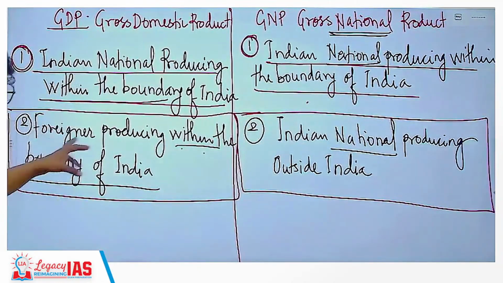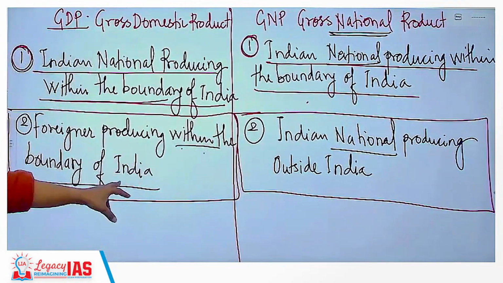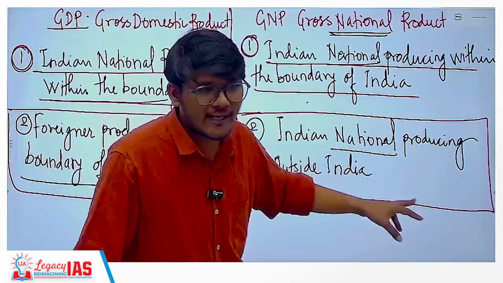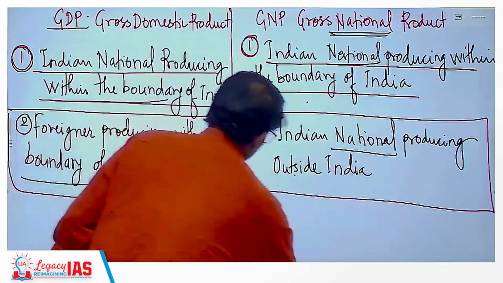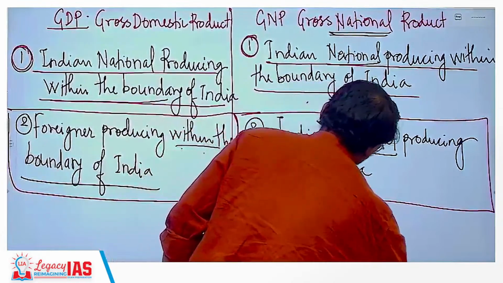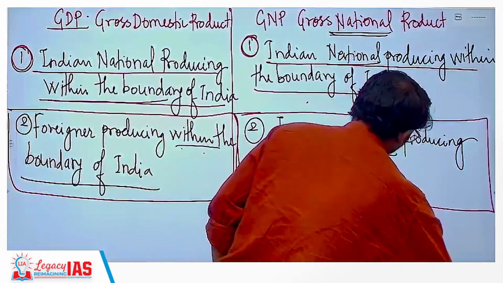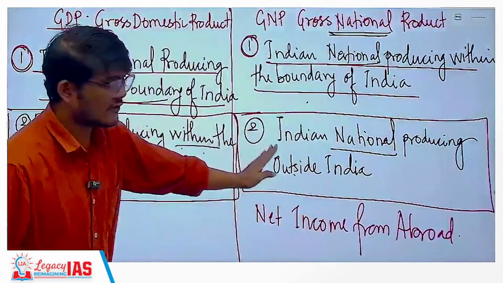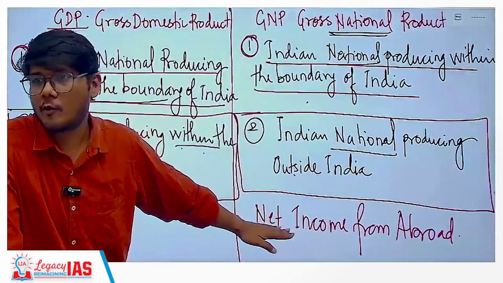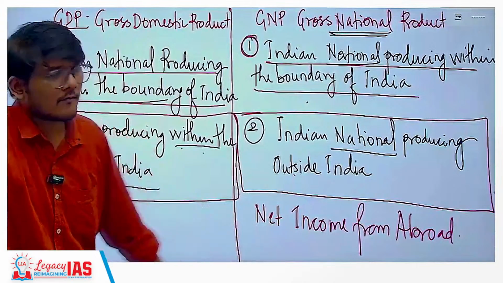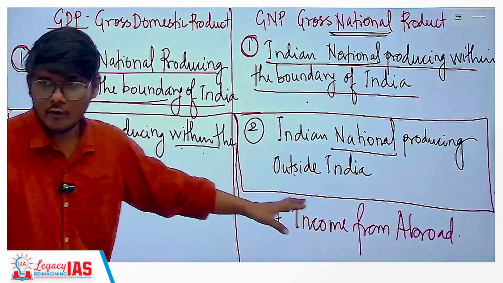And foreigners producing within the boundary of India minus Indian nationals producing outside India is known as net income from abroad. This minus this is equal to net income from abroad. Okay? This, I'll make you write down, don't worry.